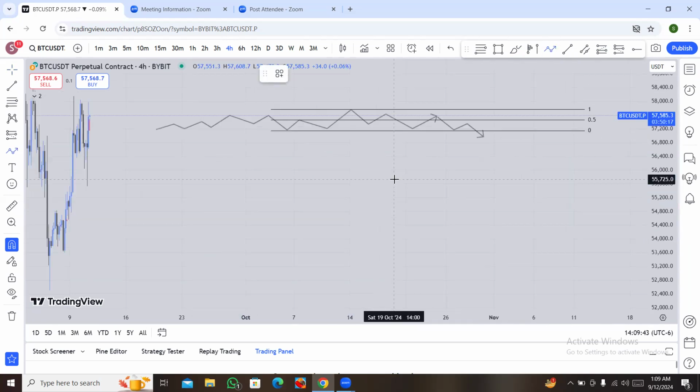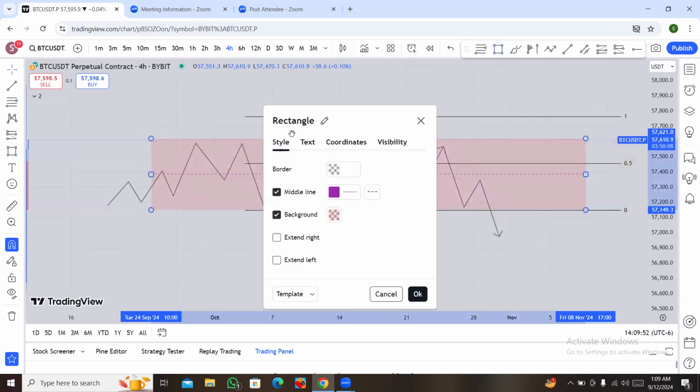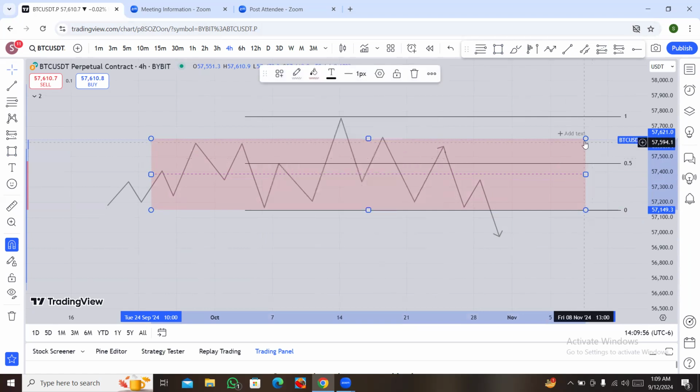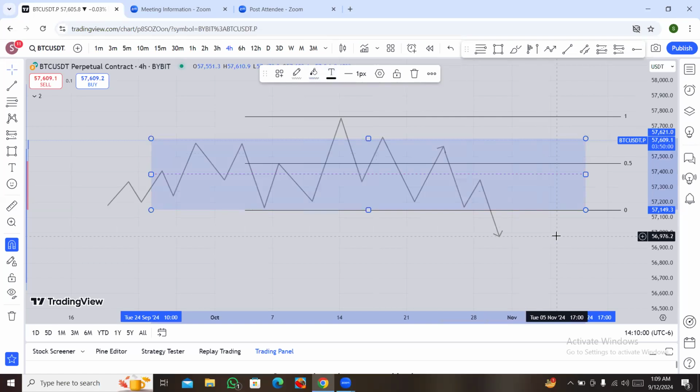Now you have to wait. Suppose this range is occurring at support, and on the high time frame you are in some kind of demand zone. So you are not supposed to short here. First thing, you are at a demand zone, so you are not supposed to short. If it is in mid range between supply and demand, okay, you can try to short till demand.